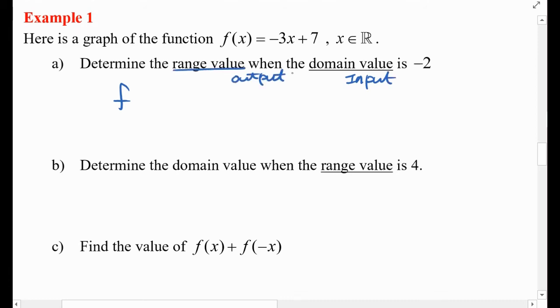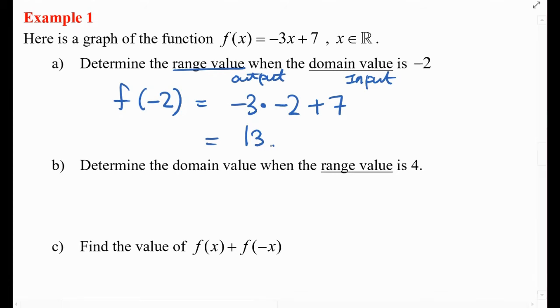So we're going to find the output when the input is negative 2. So let's plug negative 2 into the function machine. F of negative 2 equals negative 3 times negative 2 plus 7. Negative 3 times negative 2 is 6, plus 7 is 13. So when the domain value is negative 2, the range value becomes 13.